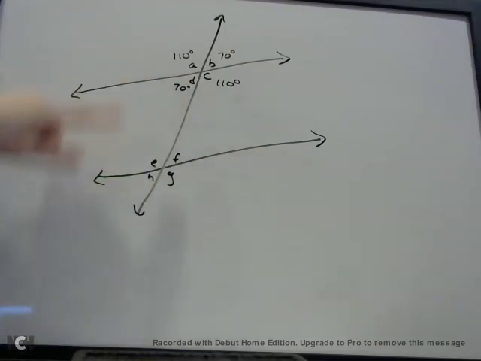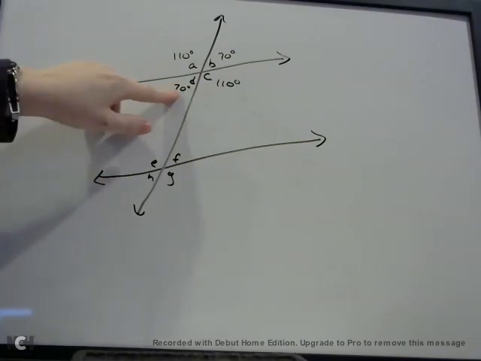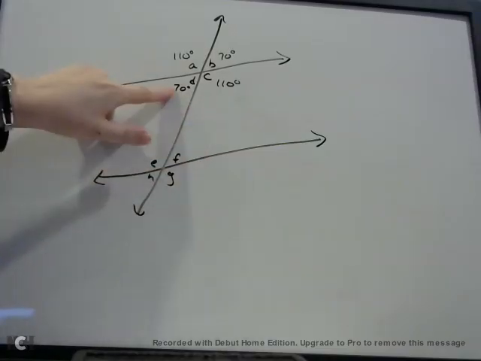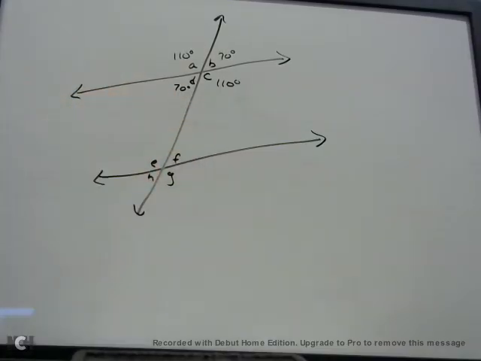Now here's the trick that you need to know with this problem. Once you have two parallel lines, and it's key that they have to be parallel in order for this to hold true, these opposite angles are also equal.